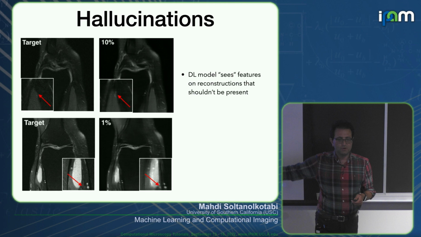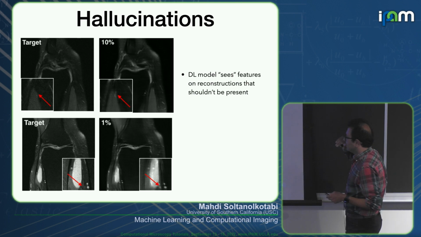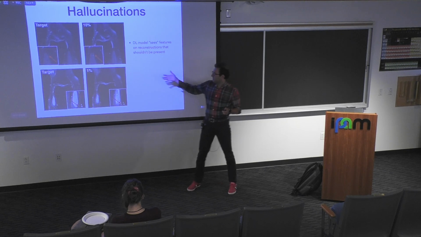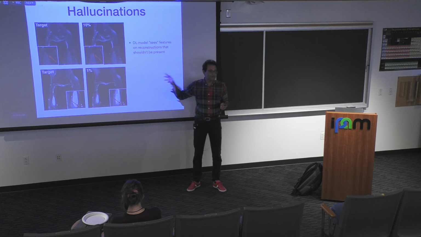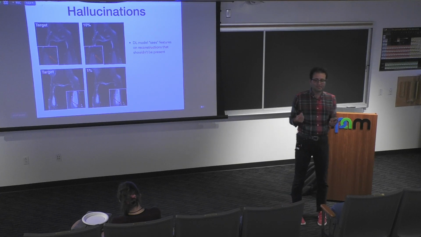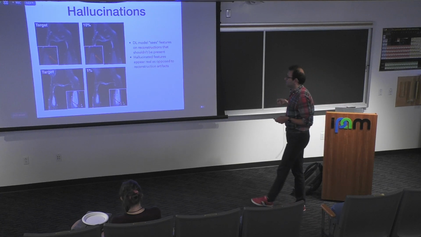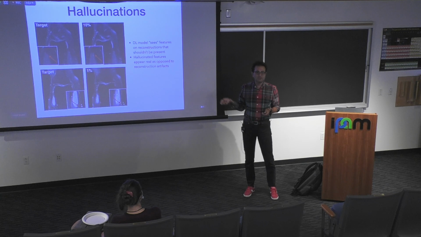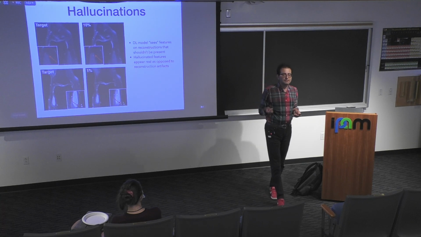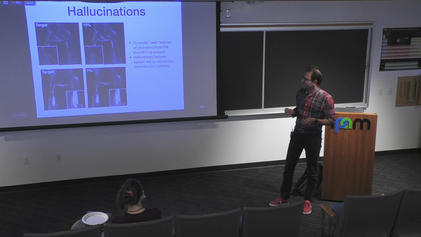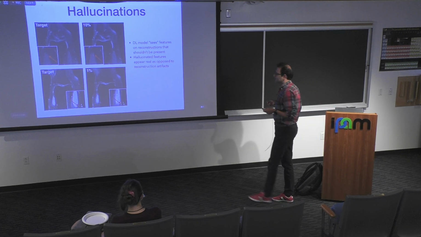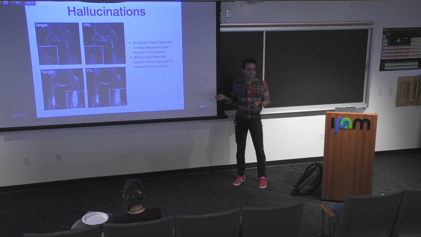At least if you don't do anything to fix it, there are diagnostically significant details that get added. The algorithm is hallucinating things that it shouldn't be, and in this case they are diagnostically significant. So this is obviously going to be a problem when using these techniques.